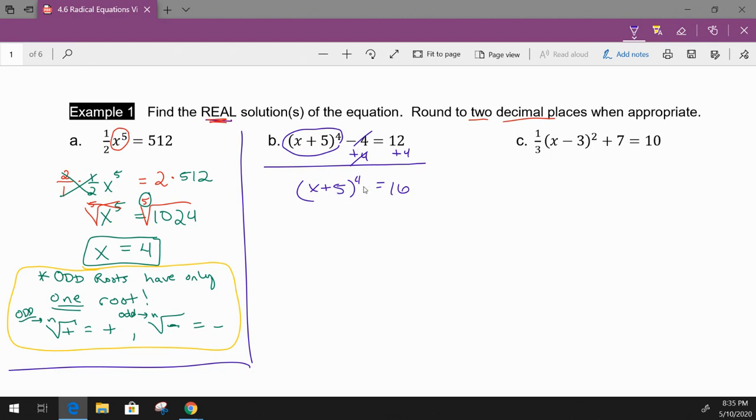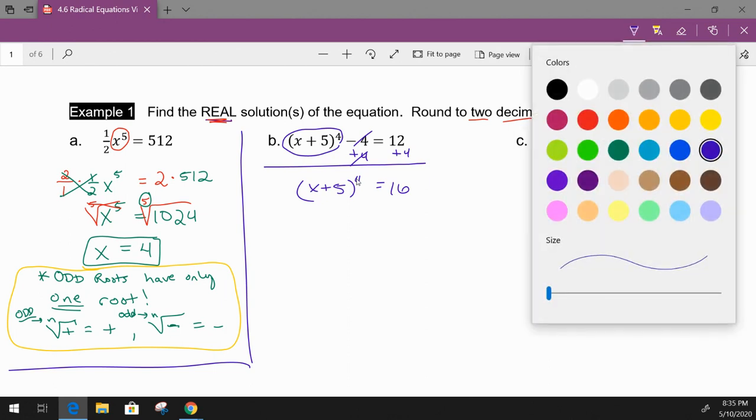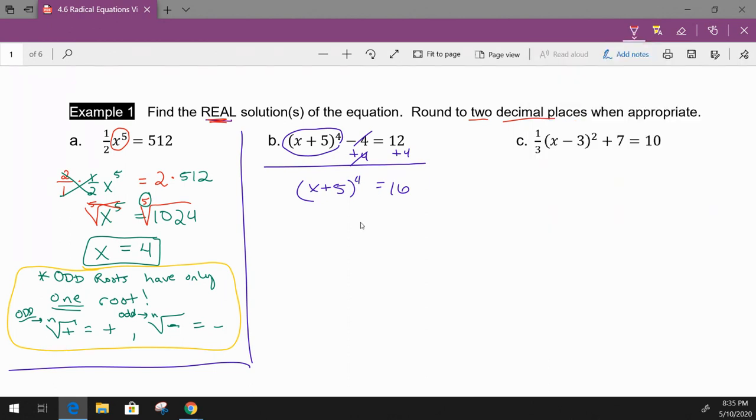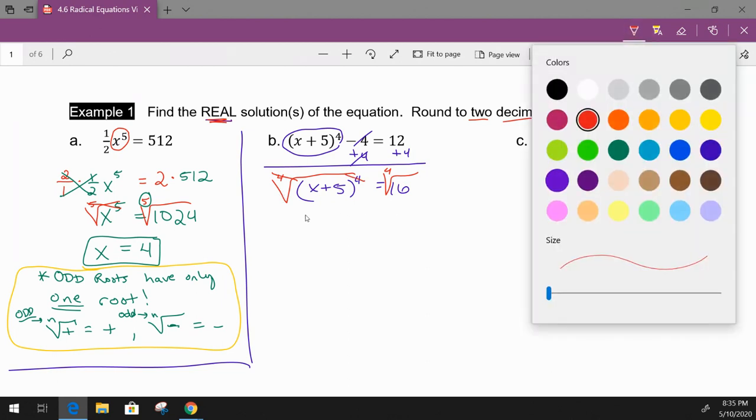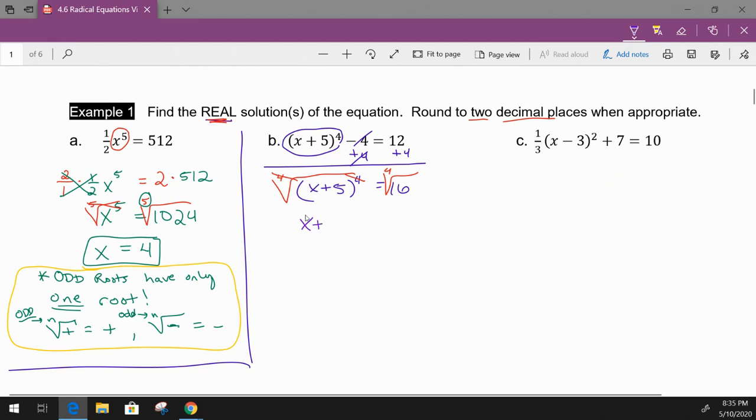So now that we've isolated the expression that's being taken to the fourth power, we need to eliminate the fourth power by taking the fourth root of both sides of the equation. So the fourth root and the fourth power undo each other. So now we have just x plus 5 on the left side of the equation.